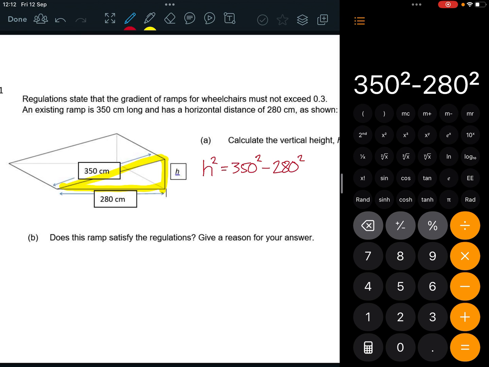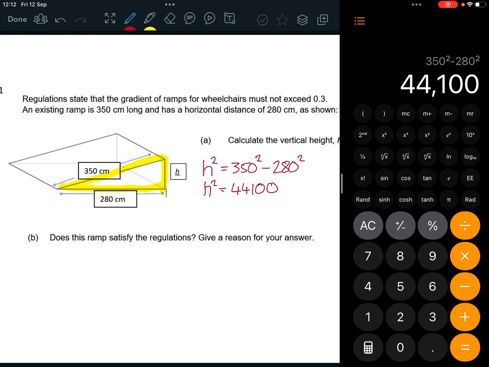What we then have is just press equal, and we know that h squared is going to be 44,100. Okay, now that's what h squared is. To do the opposite, to undo the squared, you have to do the square root.